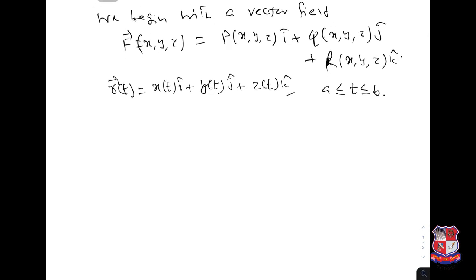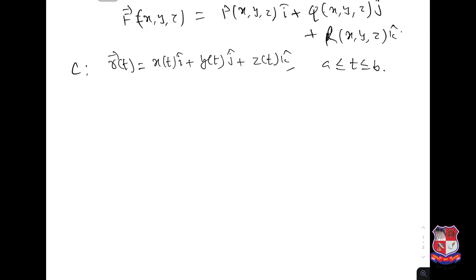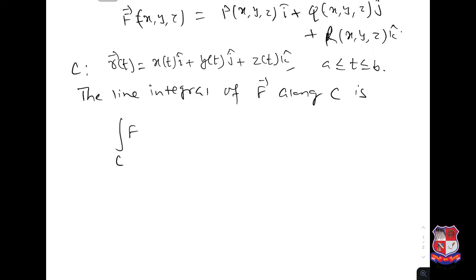So this curve C is like this, and the line integral of F along the curve C, this is the definition, is the integral along C of F dot dr. Or you can say it is the integral from a to b of F of r(t) dot r dash t dt.